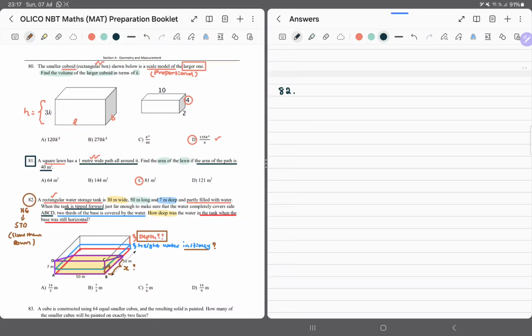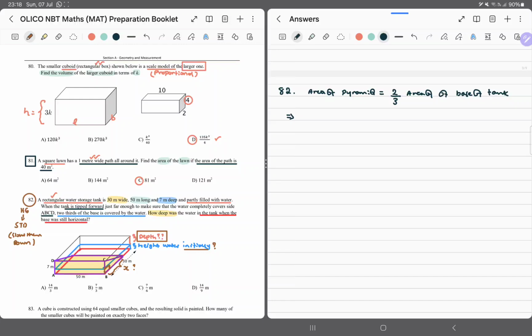So we know that the area of the pyramid is equal to 2/3 of the area of the tank's base. Okay, that's what we were told.